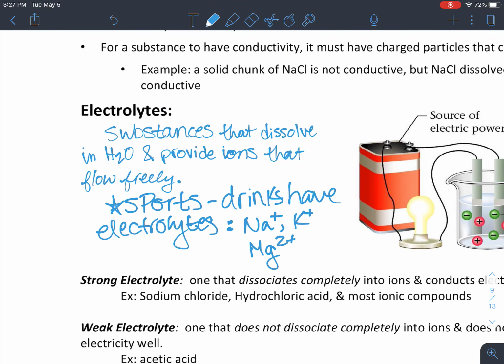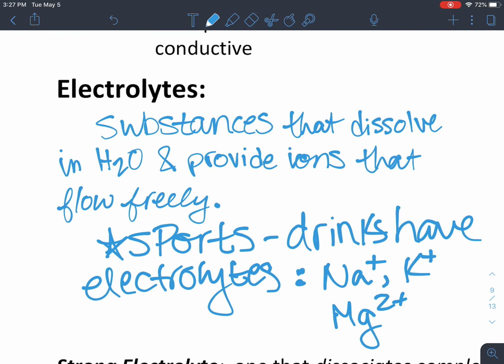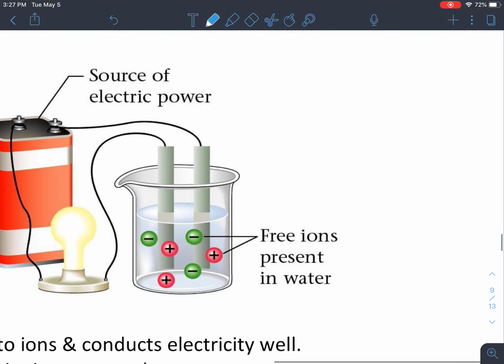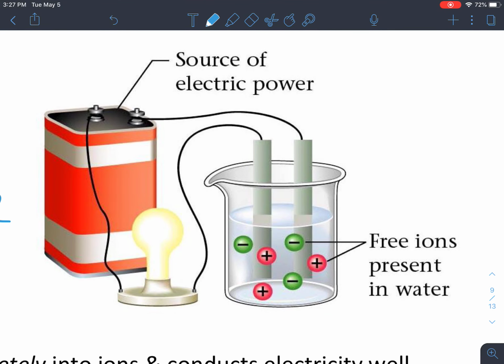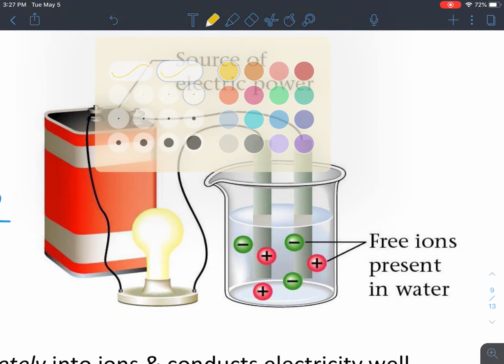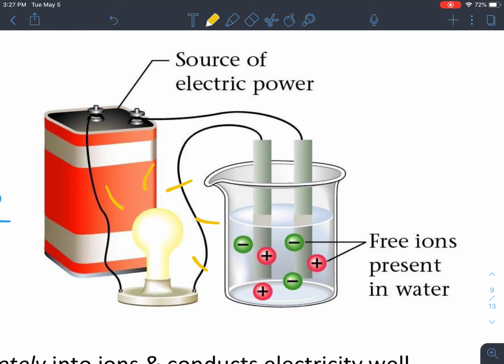Now, think about that word in and of itself, electrolytes. Electrolytes are substances that, when dissolved, form freely flowing ions. And why are they called electrolytes? Because they are able to conduct electricity because you have this free negative flow.